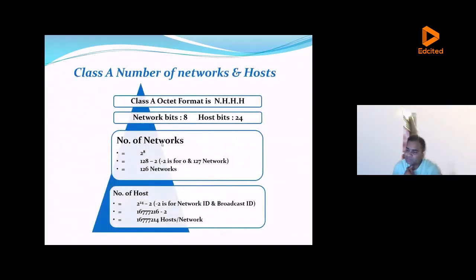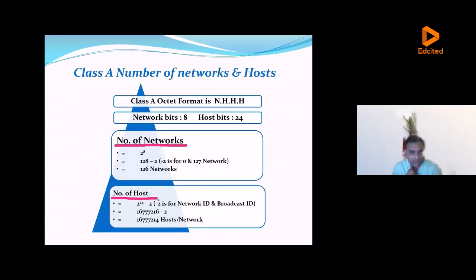Now we'll see. If someone asks you, I want to connect more than 1 lakh computers in one network, what IP address would you suggest to configure? In class A, to know the number of IP addresses you could have, we have two things: the number of networks and the number of hosts.